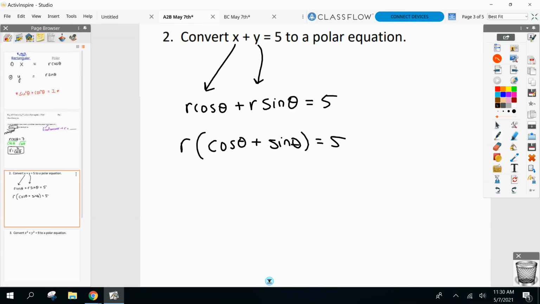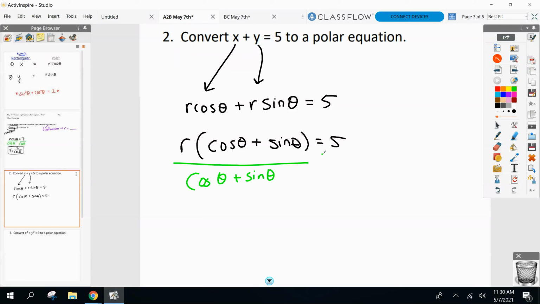All right, now I got 1 R by itself. How do I get rid of the rest of that mumbo jumbo with it? How do I get rid of what's inside the parentheses? You'll be right. I bet you'll guess, but you'll be right. Divide it out. If R is being multiplied by all that, divide it to undo it. So we're just going to divide everything by cosine theta plus sine theta.